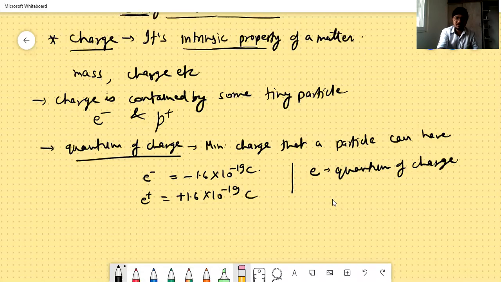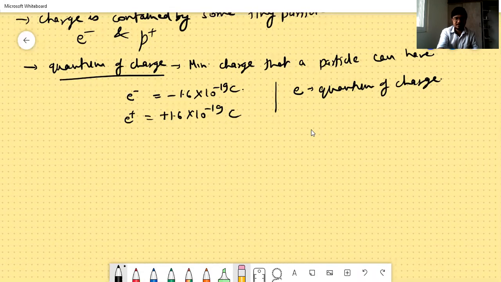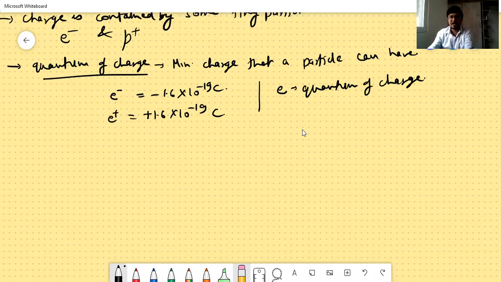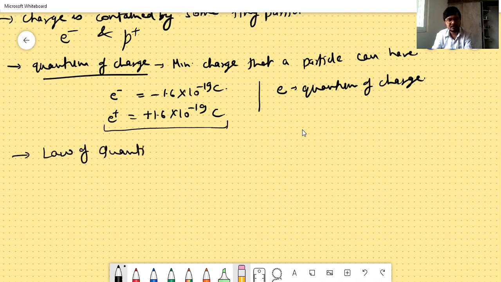Next point in this is, if any matter, or any atom, cannot have a fractional number of electrons or protons, so it cannot have a fractional multiple of this quantum of charge, right? So from here we come to the law of quantization of charge.